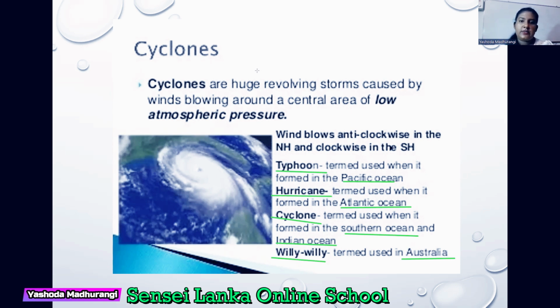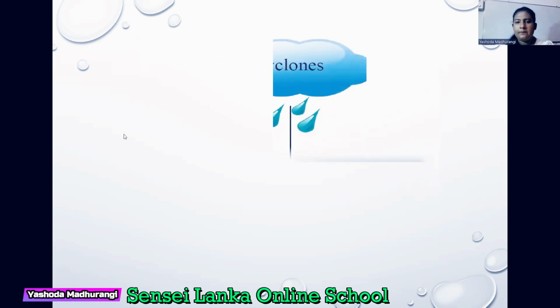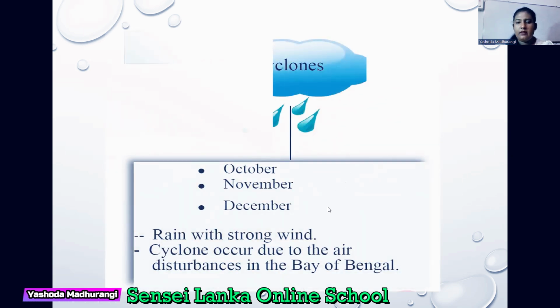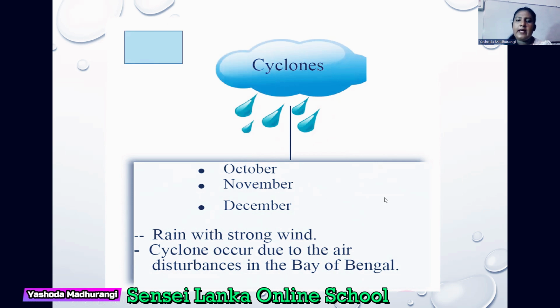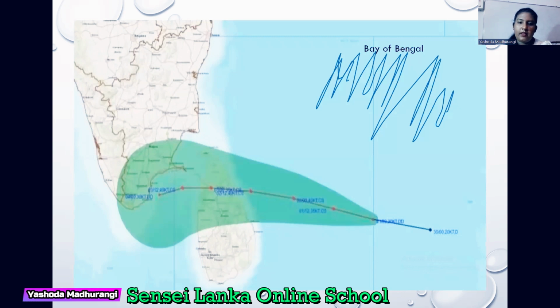Yes. In Sri Lanka, we can experience this very rarely. Look at this map. October, November and December months. Normally cyclones are there in Sri Lanka in October, November and December. Do you know Bay of Bengal?